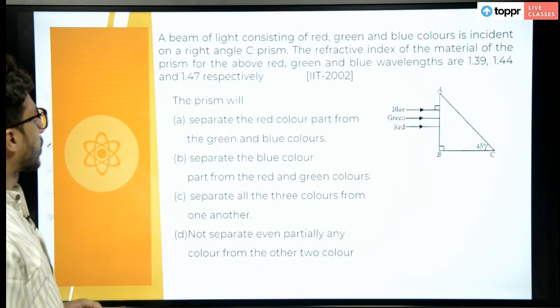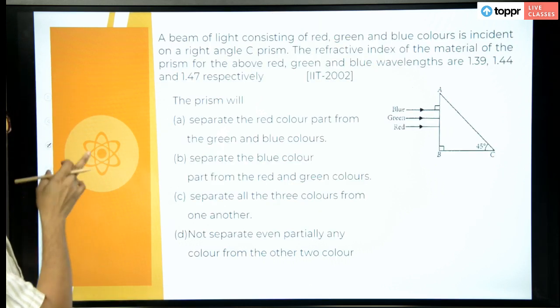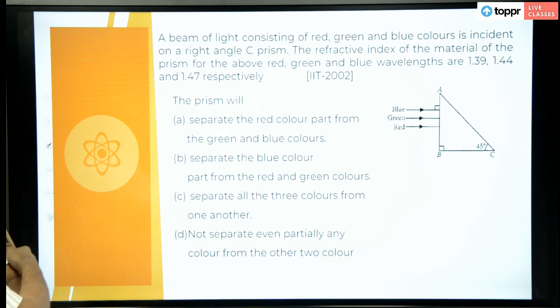Let us see. A beam of light consisting of red, green, and blue colors is incident on a right angle prism. The refractive index of the material of the prism for the above red, green, and blue.